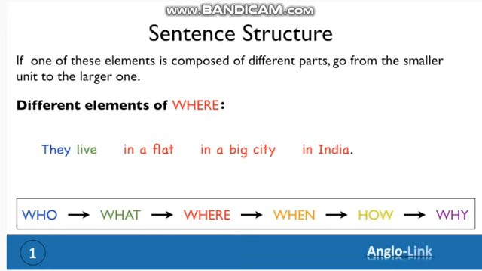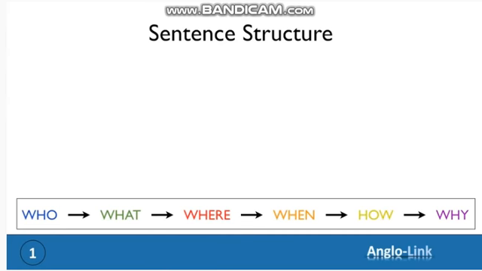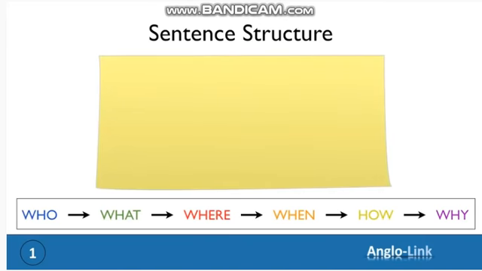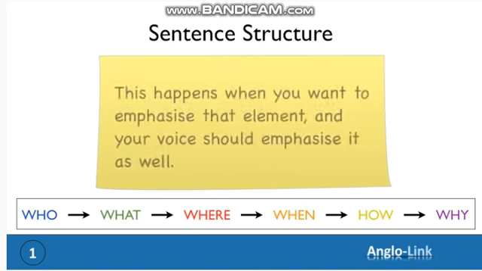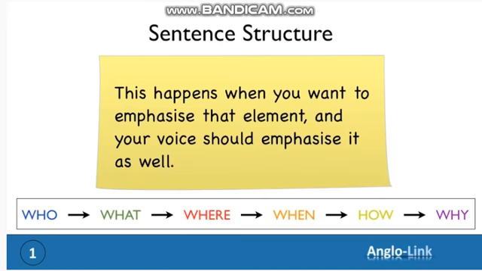Right, there's a specific case I'd like to mention now. You may occasionally hear a sentence start with an element other than who. This happens when you want to emphasize that element, and remember that your voice should emphasize it as well.